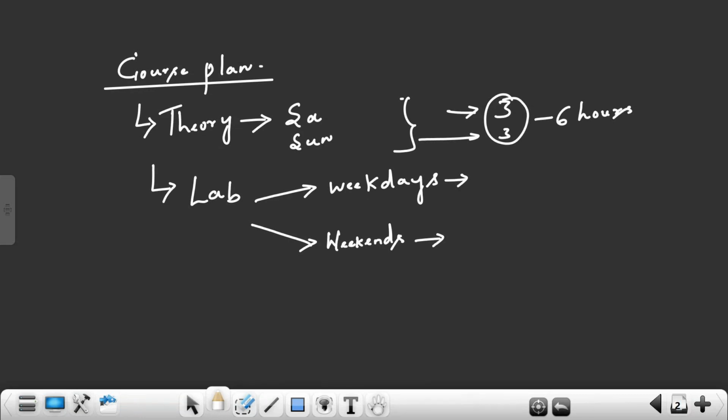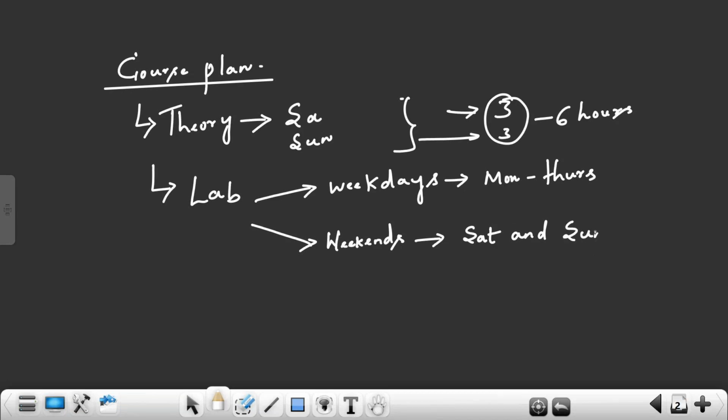Both labs are not the same. Weekday labs are different and weekend labs are the same. The syllabus is covered, but don't attend both labs. If you can attend weekdays, attend only on what? Weekdays. It is from Monday to Thursday. Weekend lab is only on Saturday and Sunday after the theory classes.